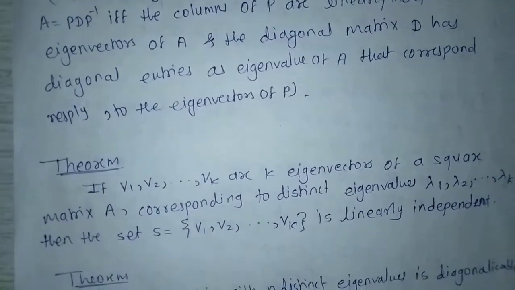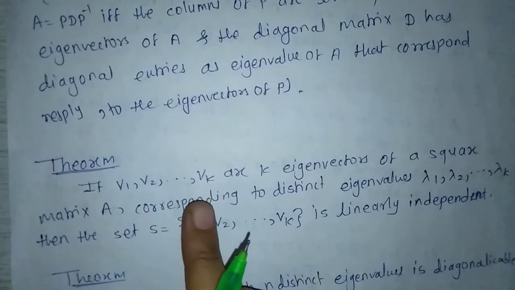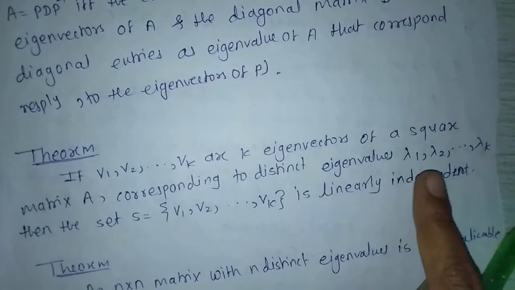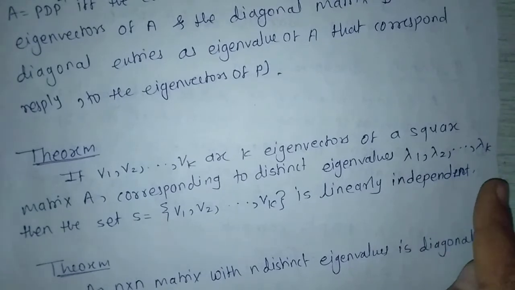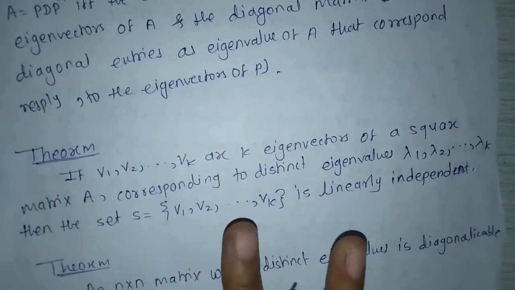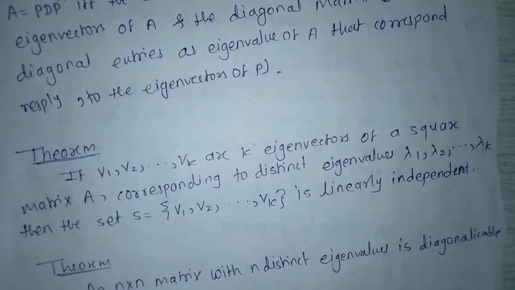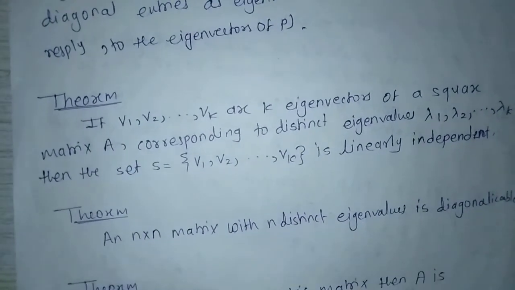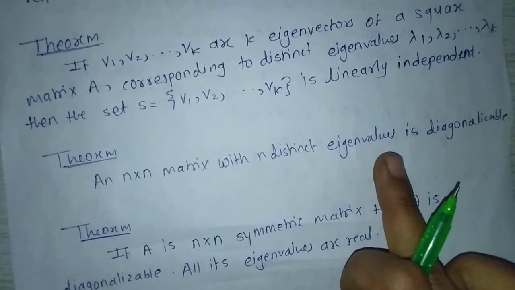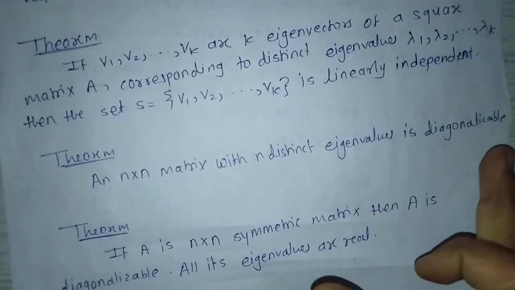Next theorem, if v1, v2 and so on vk are k eigenvectors of a square matrix A corresponding to distinct eigenvalues lambda 1, lambda 2 and so on lambda k, then the set S equals the set of v1, v2 and so on vk is linearly independent. Next theorem, an n by n matrix with n distinct eigenvalues is diagonalizable.